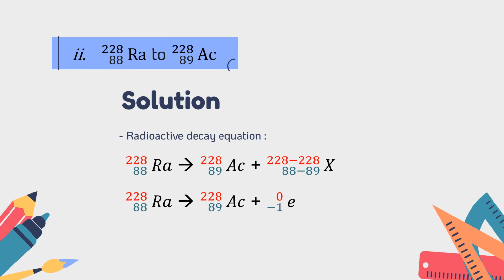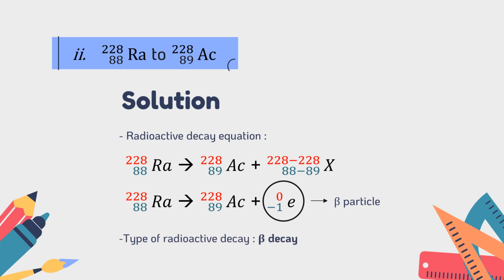Aha! Did you see this? This is actually a beta particle. It is an electron. Therefore, we can conclude that the type of radioactive decay is beta decay, since the decay equation shows that it emits a beta particle.